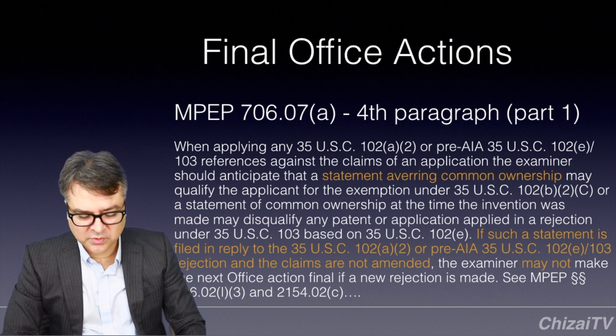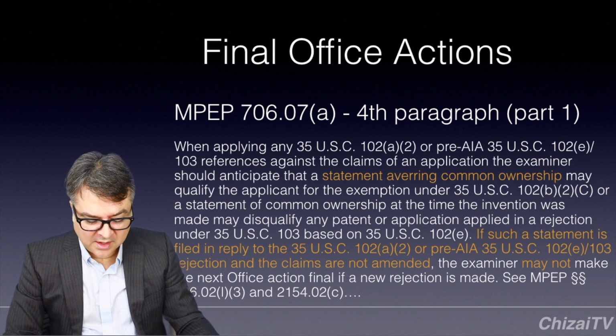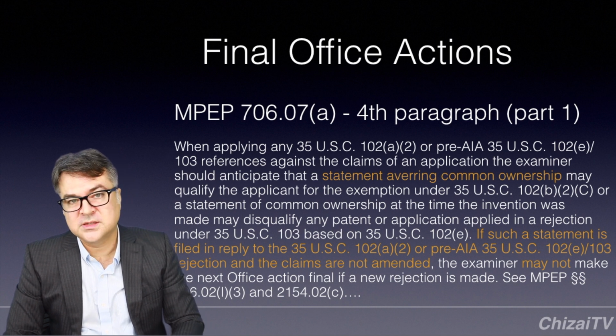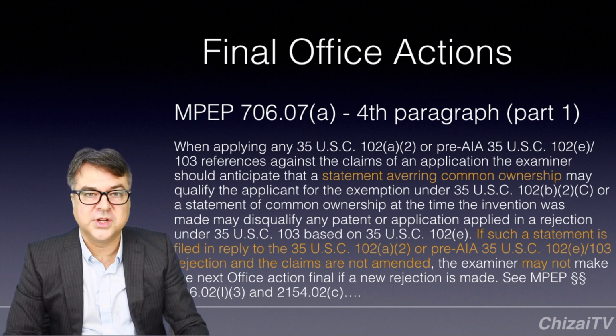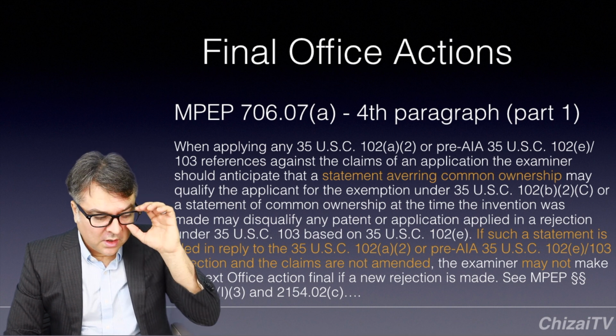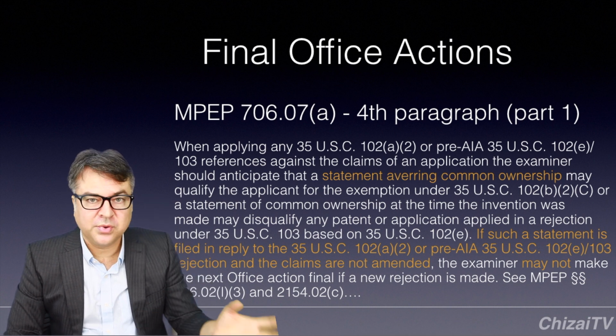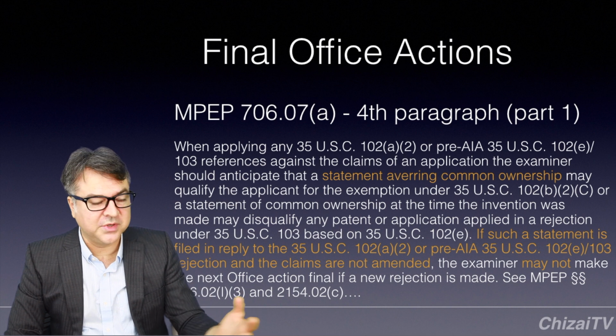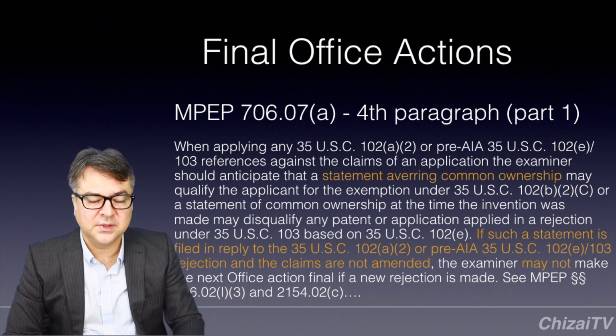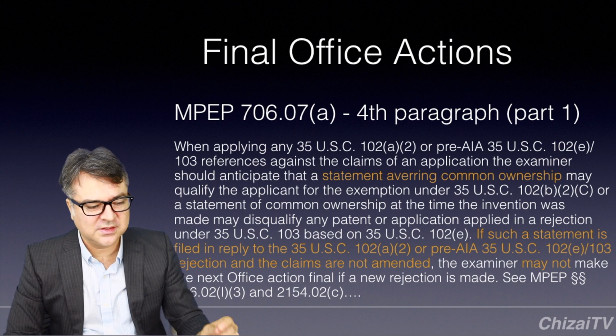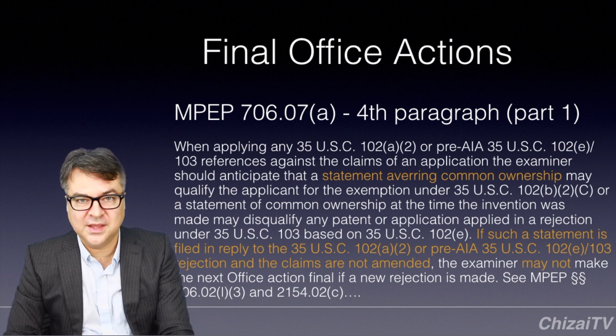If the statement to remove this prior art is filed and the claims are not amended, the examiner may not make the next action final if a new rejection is made. So if you remove this prior art, the examiner cites some different prior art and makes a new ground of rejection, the next action may not be final. And we're using the words may not, so it's not permitted to be final.